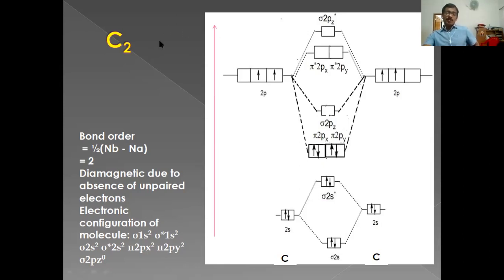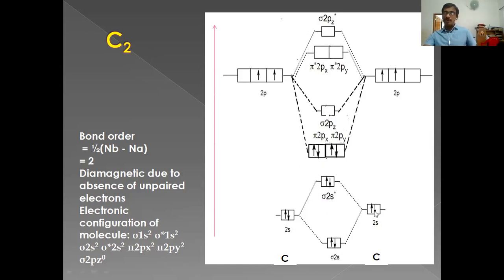Okay, whether C2 can exist or not, we can draw the molecular orbital diagram of C2. Consider the electronic configuration of carbon: 1s2, 2s2, 2p2. Out of this, 2s2, 2p2 are the valence electrons or valence orbitals, 2s and 2p. So here we can consider the linear combination of 2s and 2p orbitals.